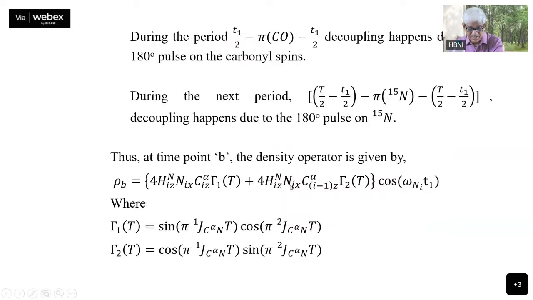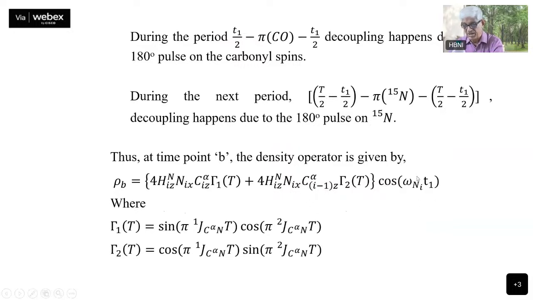So this nitrogen magnetization is antiphase. This term tells me the nitrogen magnetization is antiphase with respect to the amide proton and the C alpha of the same residue. And this one tells me that the amide nitrogen magnetization is antiphase with respect to the amide proton of I and C alpha of I minus 1.